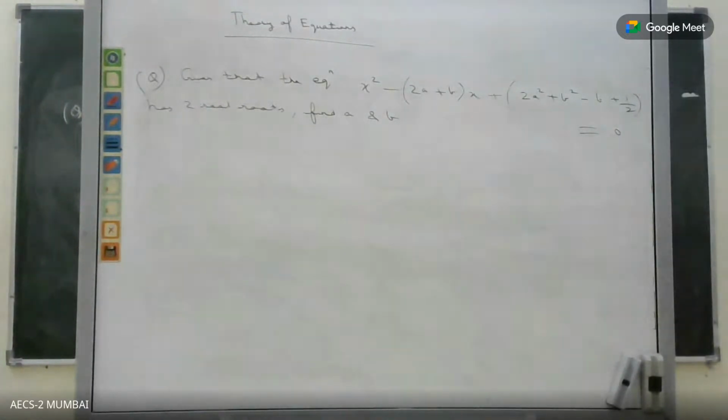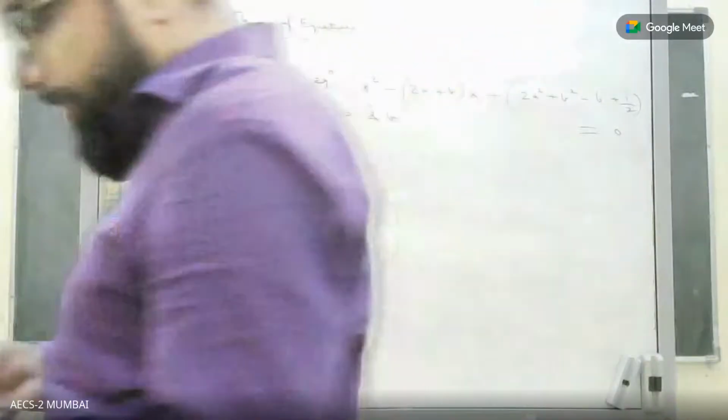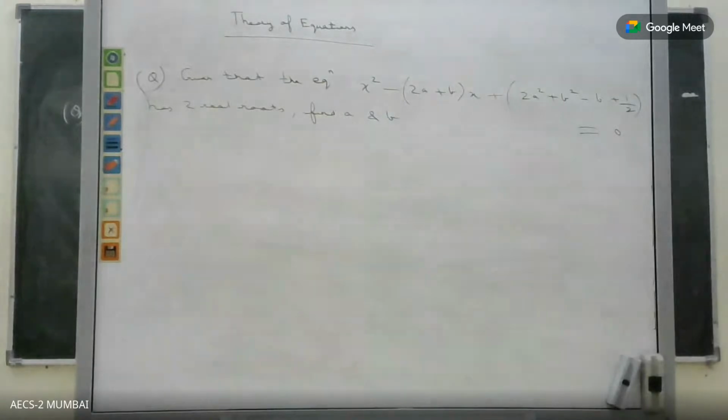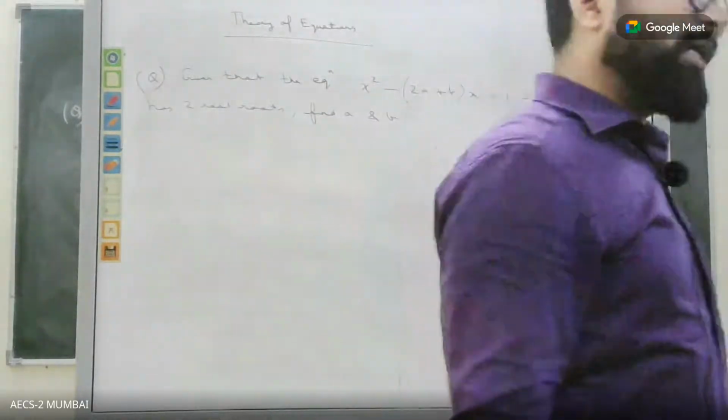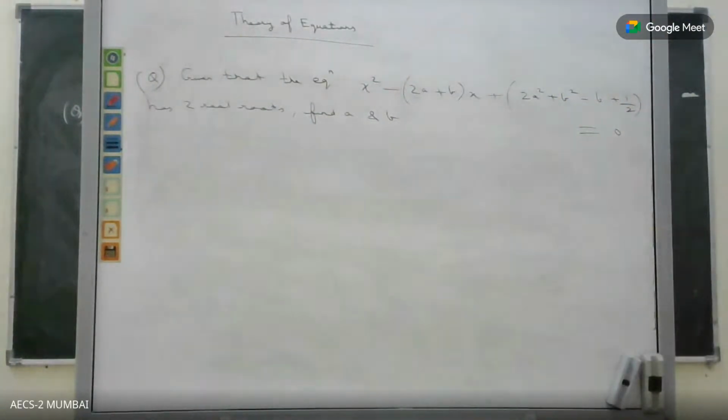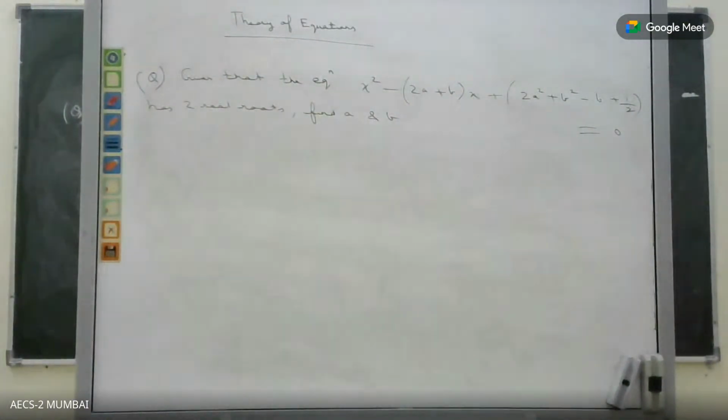It is given that this quadratic equation has two real roots. You have to identify the values of a and b. What is the condition for two real roots? Tell me. D greater than 0, right? Nothing else. The condition for two real roots is D greater than 0.